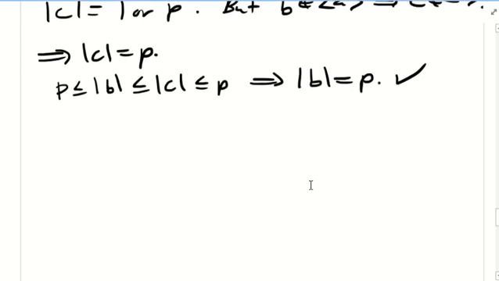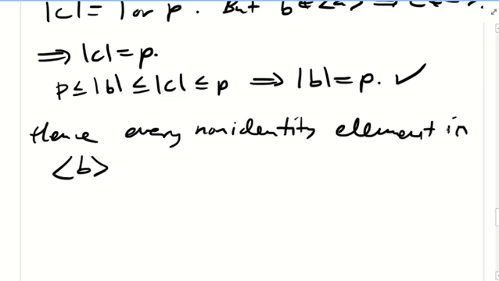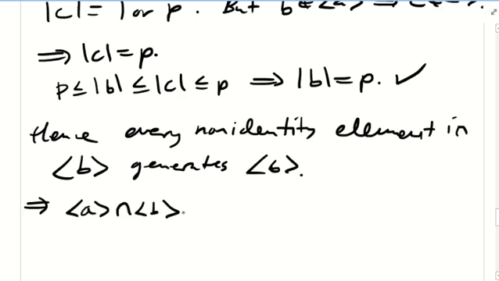So why is that interesting? Well, that means every non-identity element in the subgroup generated by B generates the subgroup. So this means that the intersection between the subgroup generated by A and the subgroup generated by B must be the identity.